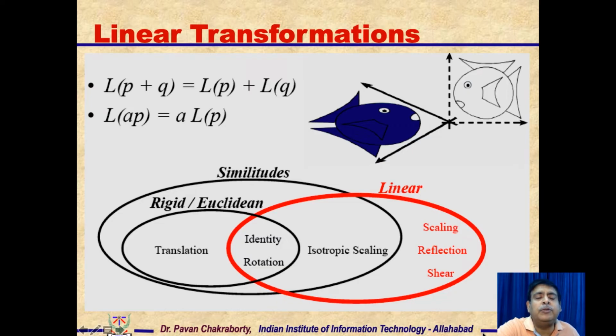The hypothesis of superposition is: if my function or my operation is L, and I have two objects or two variables, P and Q, and I apply the transformation on P plus Q, this is equal to applying the transformation on P separately and adding it to the transformed Q. So it is called superposition.